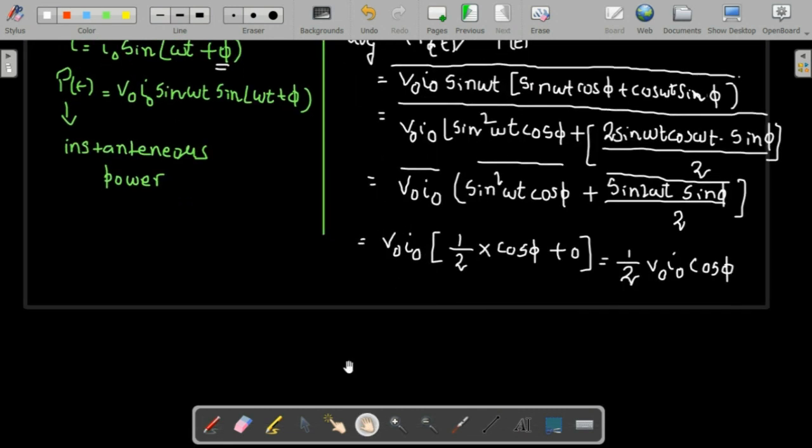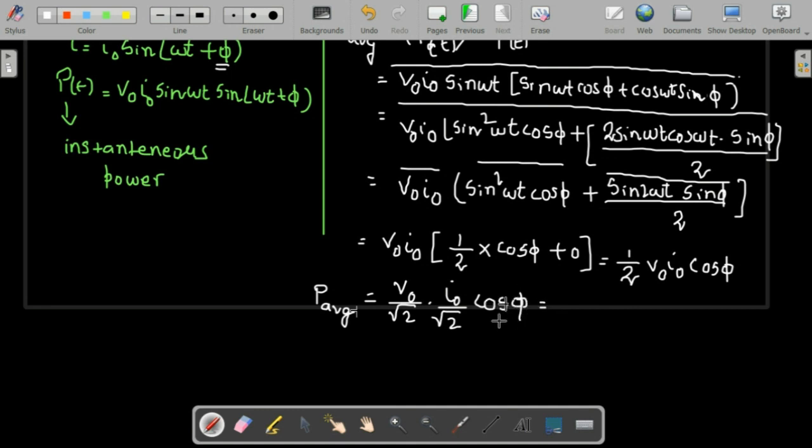But as we said that I naught and V naught don't make much sense when we are basically considering this. What we can do is we can consider it in terms of IRMS and VRMS. So V naught can be written as V naught by root 2. I naught, let's write it down as I naught by root 2. So root 2 times root 2 will become 2. So that means it remains the same into cos of phi. Okay.